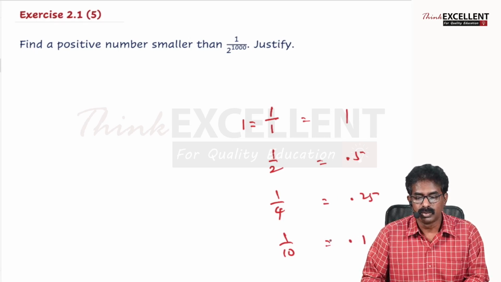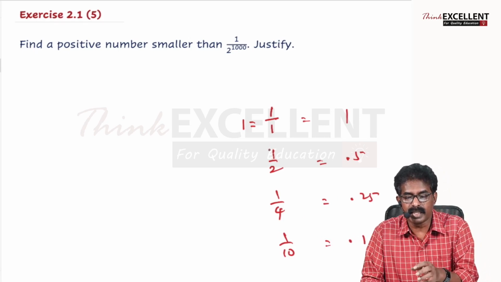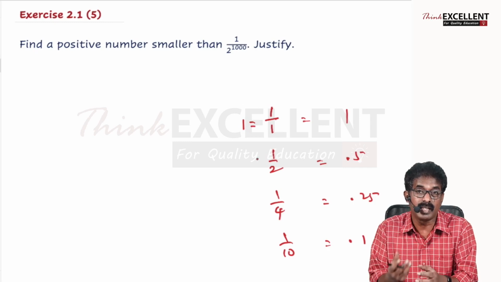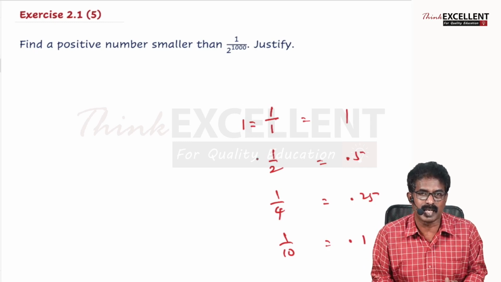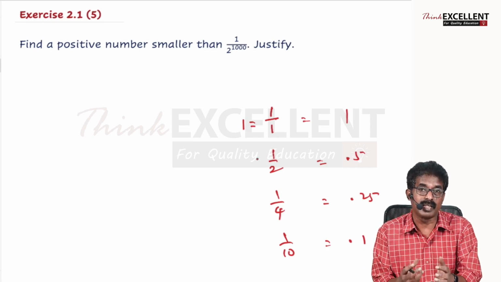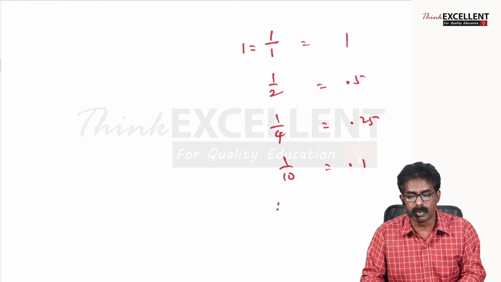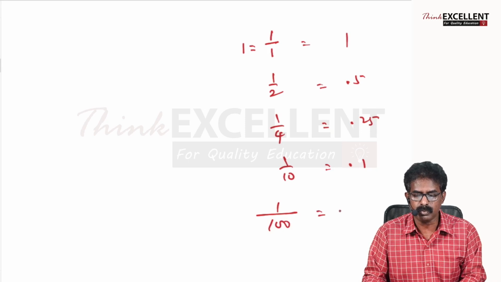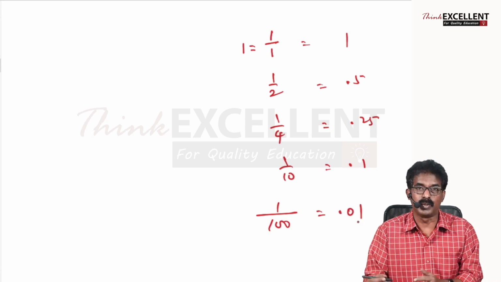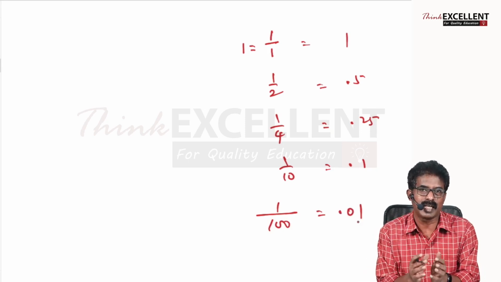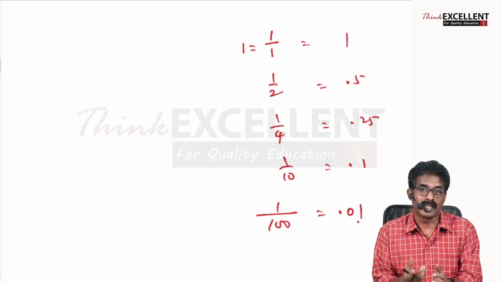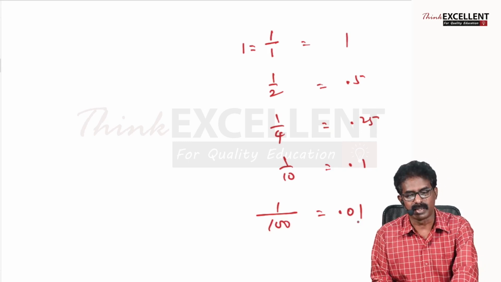So if I increase the denominator, with the numerator just as it is, the value decreases, right? Suppose I write 1 by 100, it reduces again to 0.01. So if I want a smaller number, I can increase the denominator.